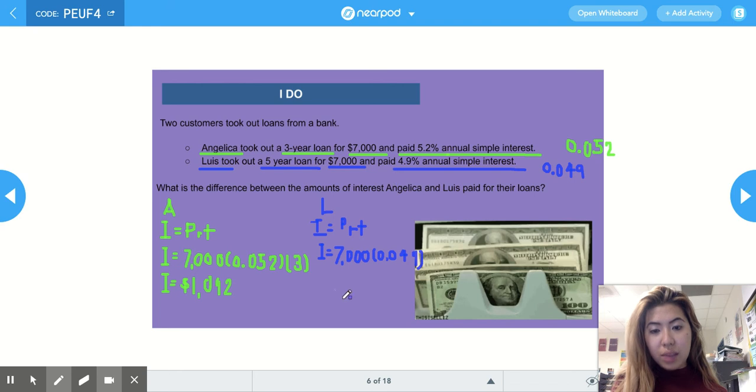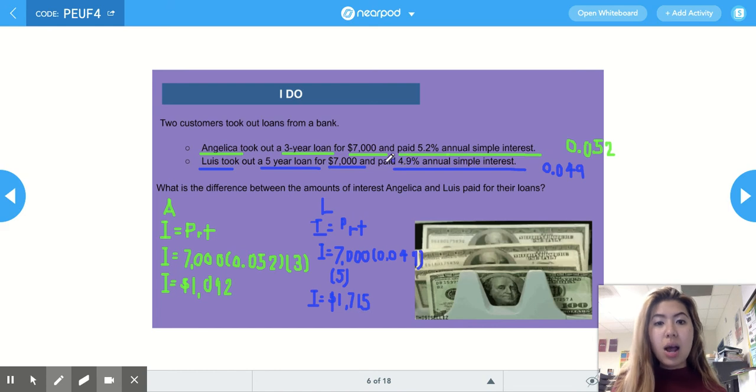And lastly, our time is 5. So we have 7,000 times 0.049 times 5, and that gives us 1,715.